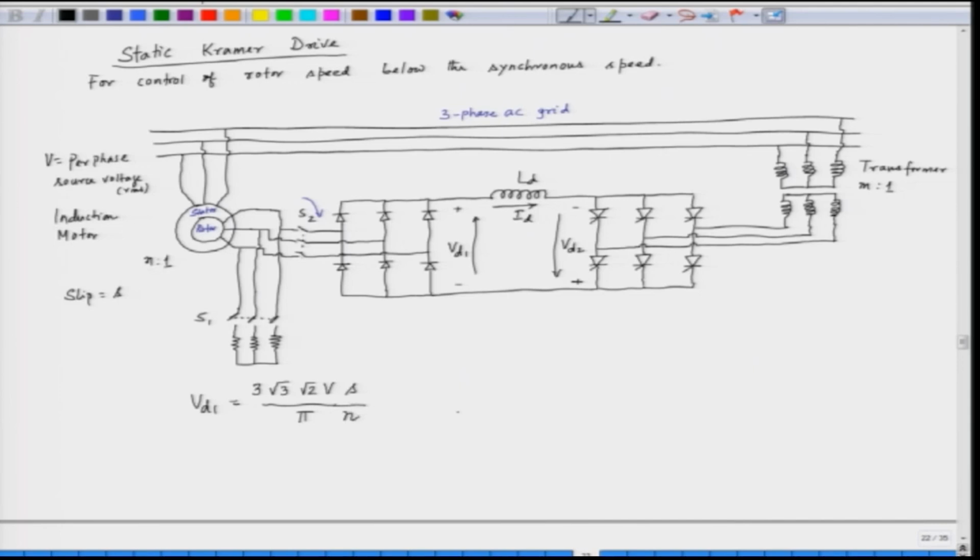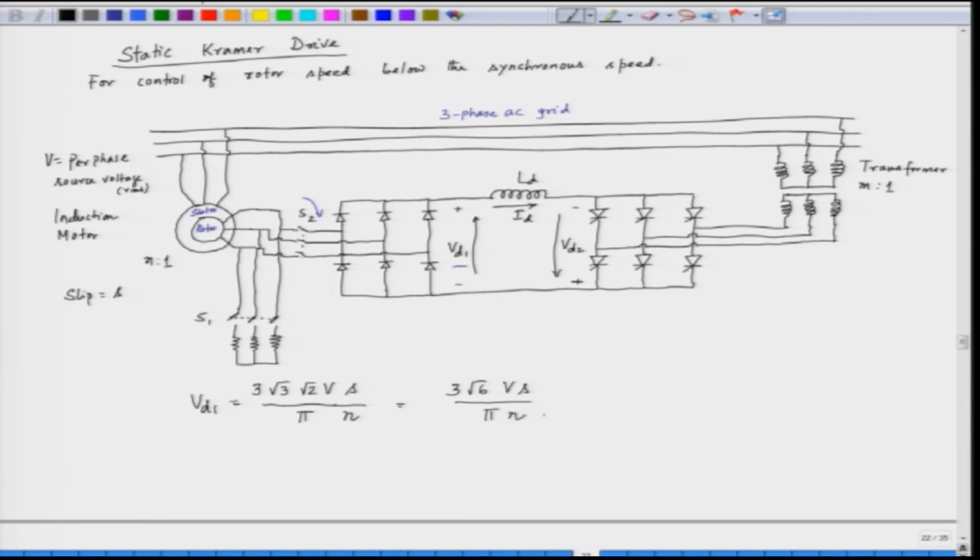So the voltage at VD1 is 3 into root 3 into root 2 V s by pi n, which is equal to 3 root 6 V s by pi n. So, that is VD1.